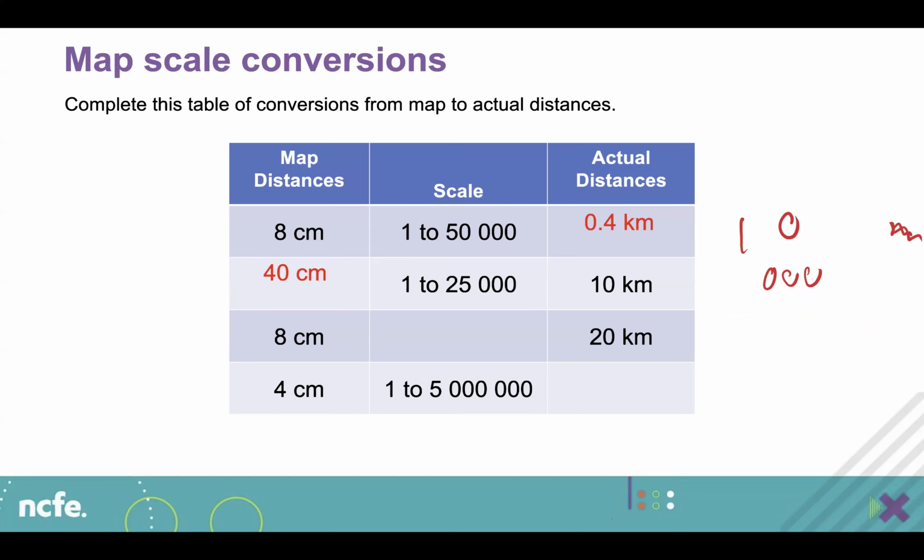So 20 kilometers into centimeters equals 20 times 1,000, which is 20,000 times 1,000, so it becomes 20 million. So 20 million centimeters.